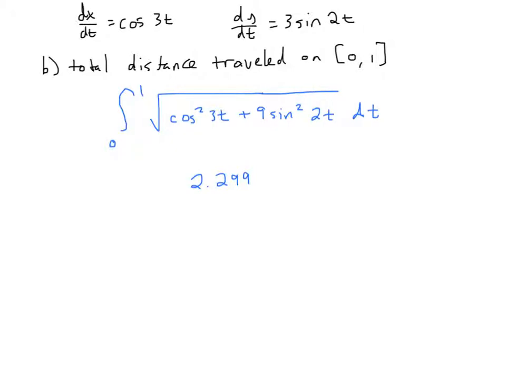So we need from 0 to 1, because that's the interval they told us, and then we have to find the length of the curve given dx/dt and dy/dt. So going back to our previous notes, or thinking about the Pythagorean theorem, we have the square root of (dx/dt) squared plus (dy/dt) squared, and then we can evaluate that integral with a calculator, which gives us 2.299.